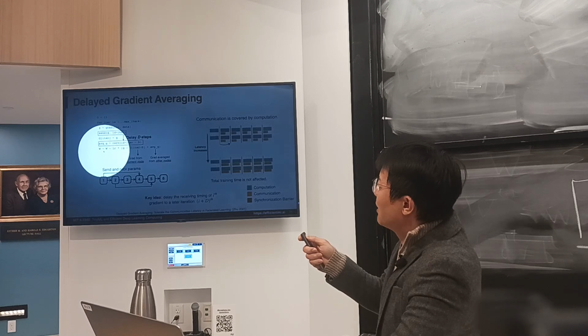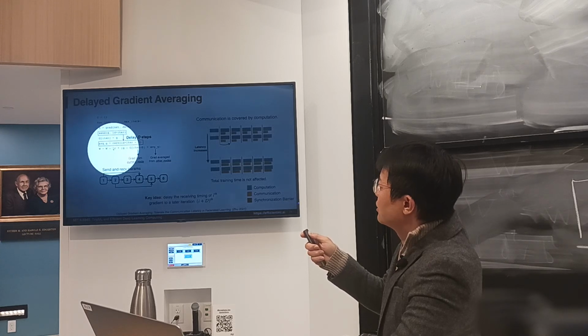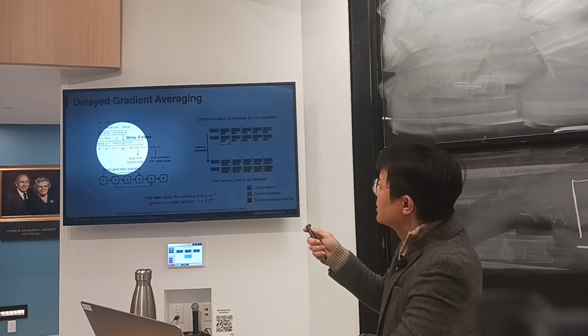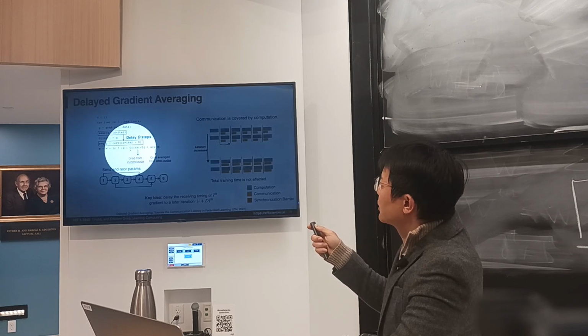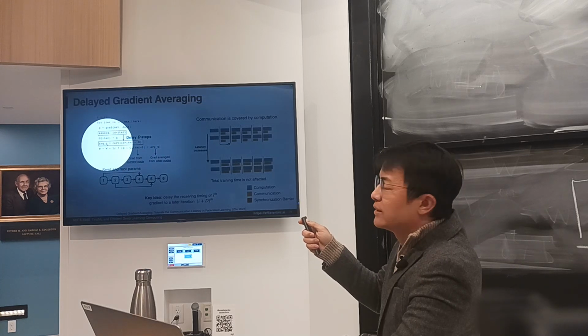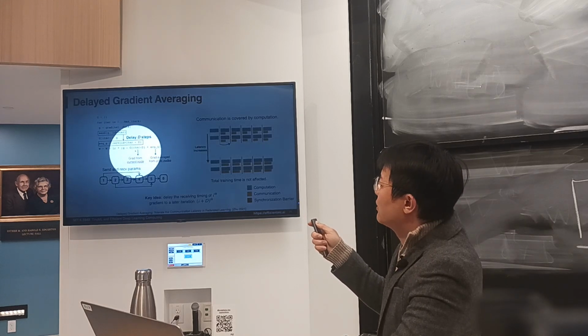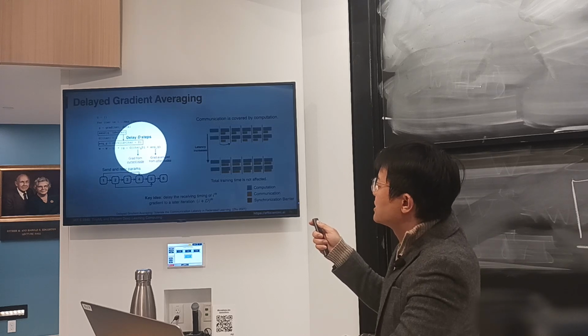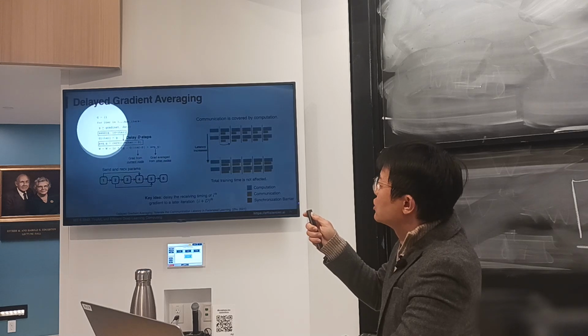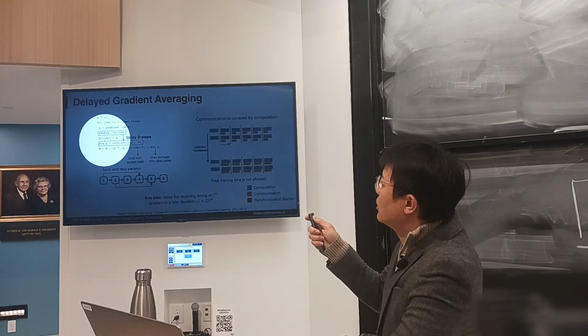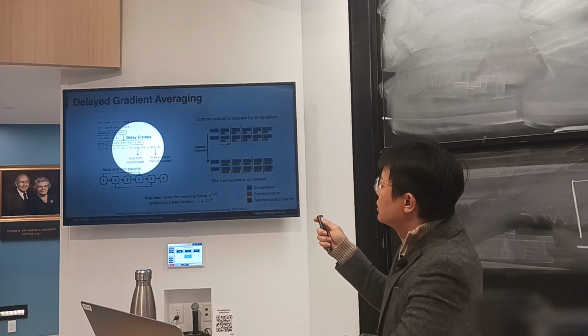And then when we are doing the update, the weight equals weight minus the learning rate times G, our freshly calculated local gradient, and we want to subtract the gradient from the current node that was D steps away. Since we have already received the averaged gradient from all the servers D steps away, we want to compensate for that by subtracting the current node's gradient from iteration minus D. That's why we need this G vector to record the gradient of each iteration.